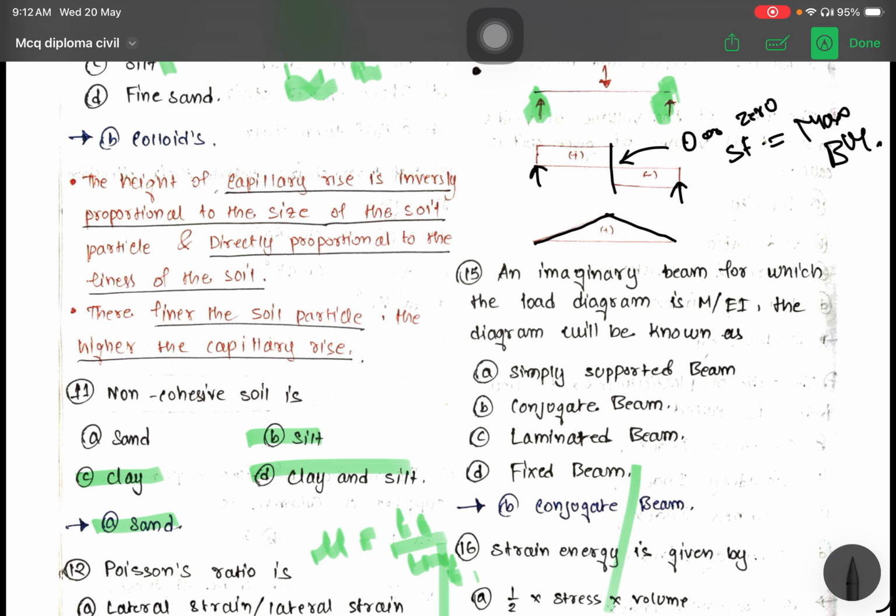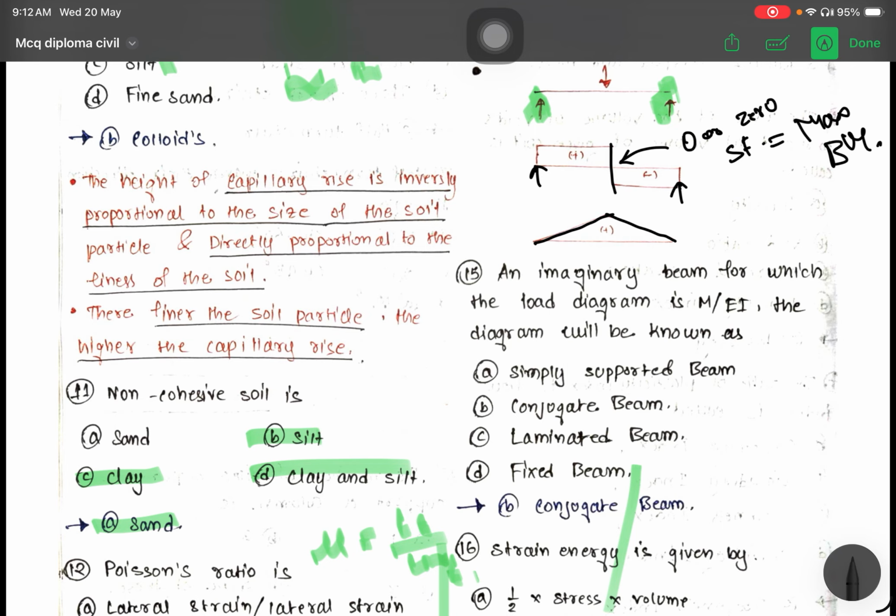And when the volume is taken, it is called modulus of resilience. But when the whole area is taken, it is called toughness. When the volume is taken for the whole, it is called modulus of toughness. So strain energy is stress into strain into volume. The formula for strain energy U is given by the area under the stress strain curve.